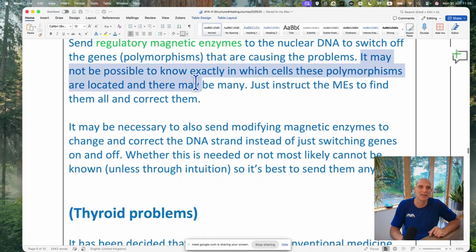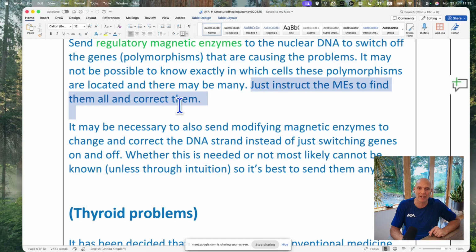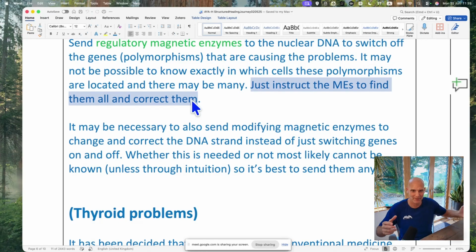Now, it may not be possible to know exactly in which cells these polymorphisms are located. There may be many. So here you're just going to have to be general. You're just going to have to instruct the MEs to find them all and correct them. There has to be a line where we just can't go further with more detail. So a generalized instruction sometimes is fine.